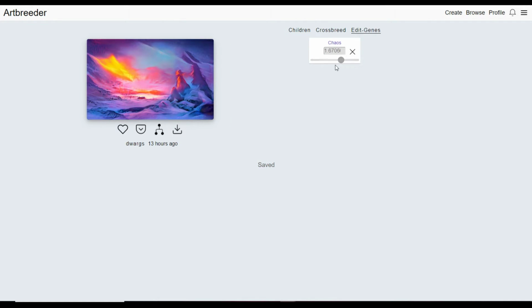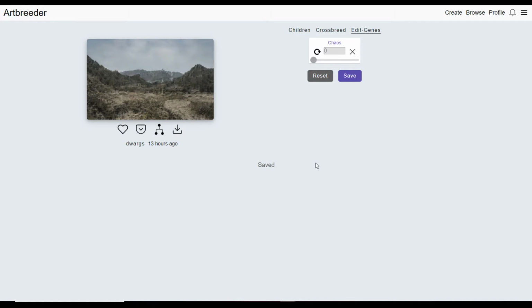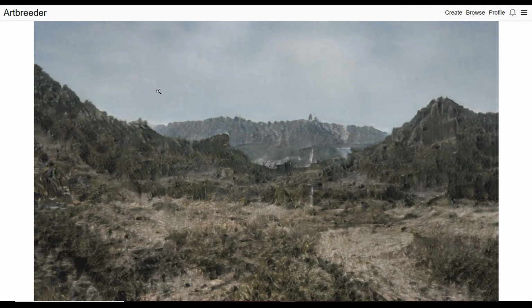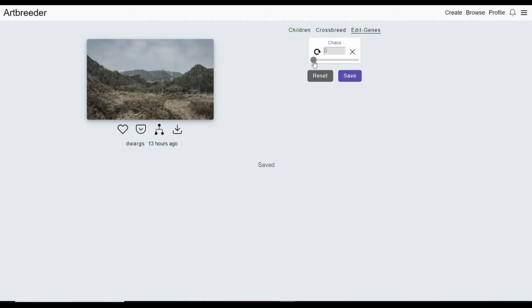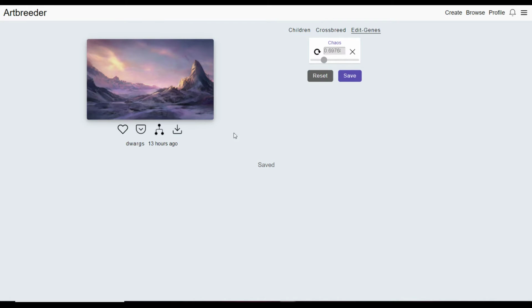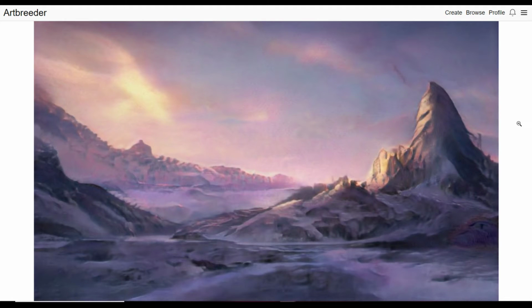So there's no genes here. All that was edited was the entropy value of the prediction. And if we turn that back to 0, we get something that looks pretty realistic. That's interesting. It's possible that you just can't edit the genes in the landscape images.